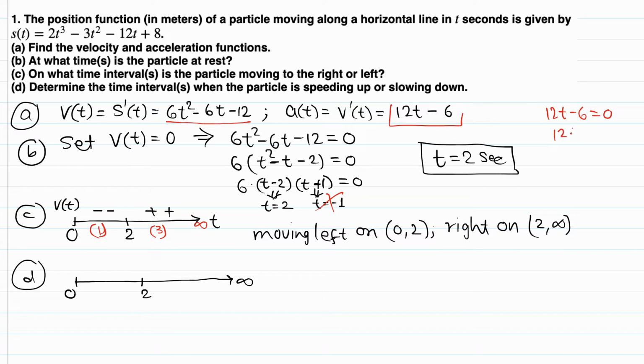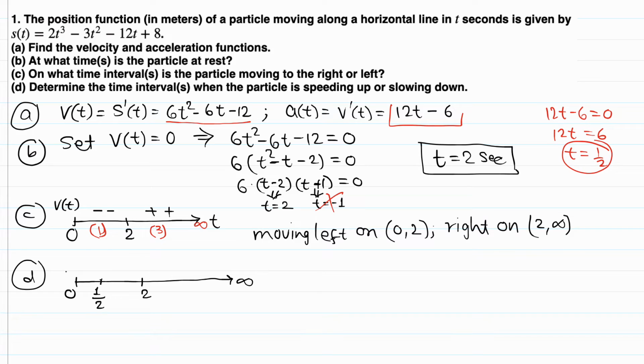Add 6 to both sides, so t is 6 over 12, which is 1/2. So we need to consider 1/2 as well. So we need to check the signs of velocity and acceleration in these 3 intervals: 0 to 1/2, 1/2 to 2, and 2 to infinity.